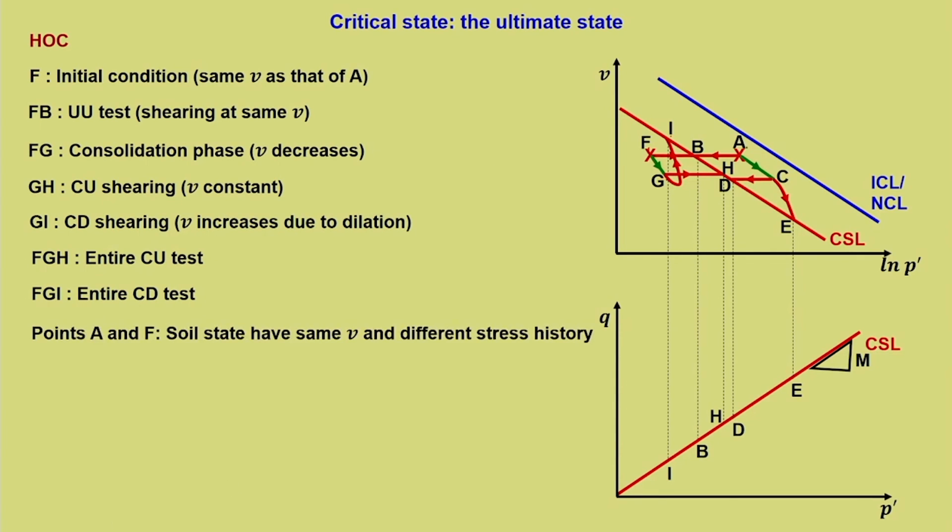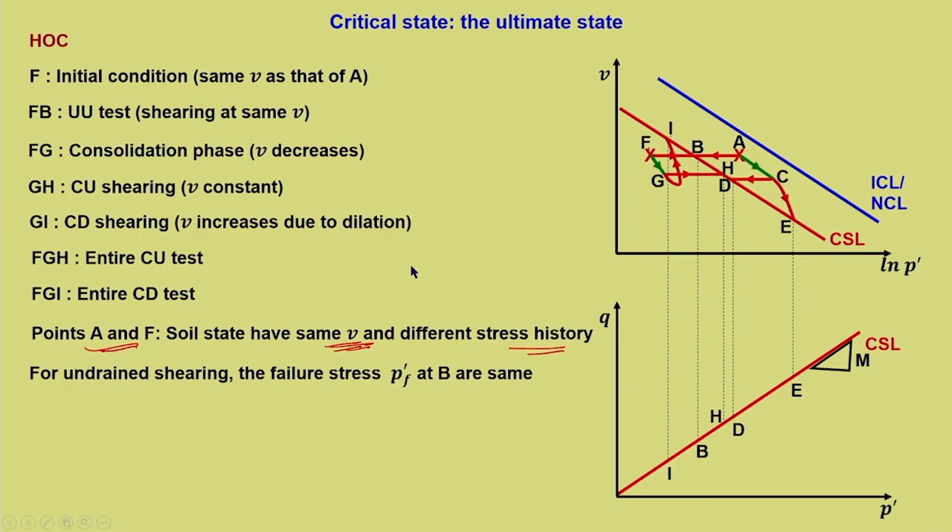Now, you can compare points A and F. The soil states have the same V and different stress history. Just because of different stress history, it does not mean that it will have a different failure point, because it has the same V. So, the initial state of V is playing a role.